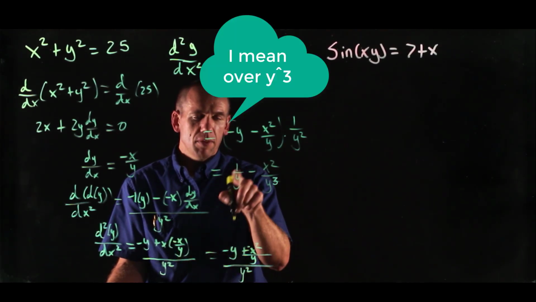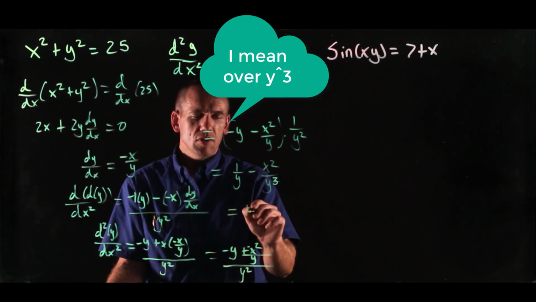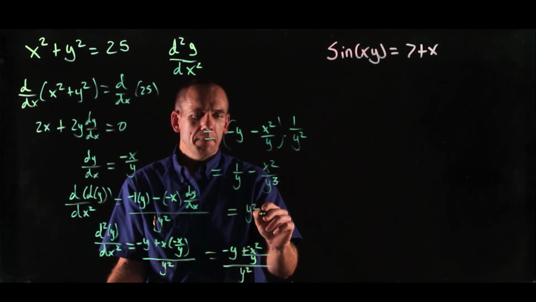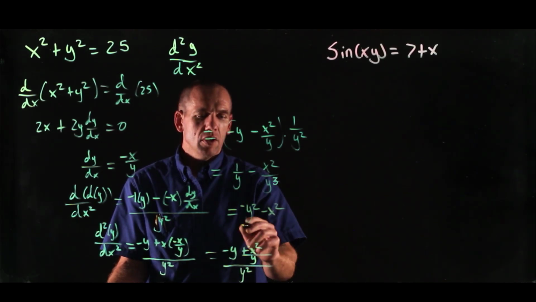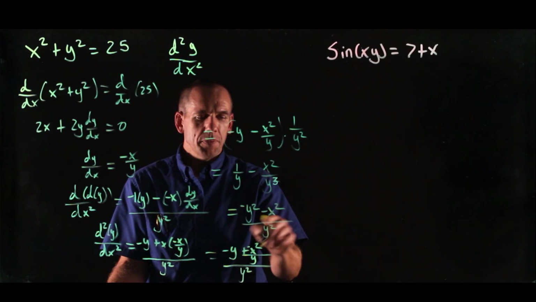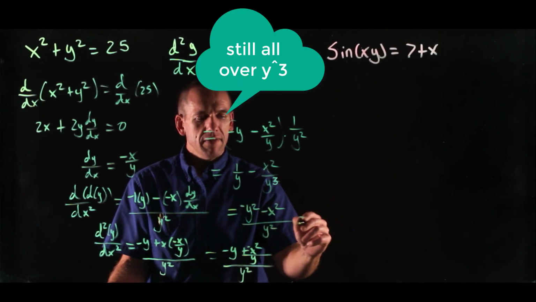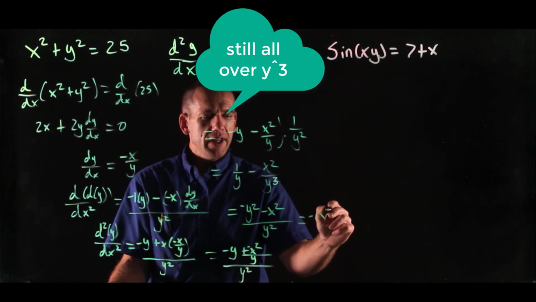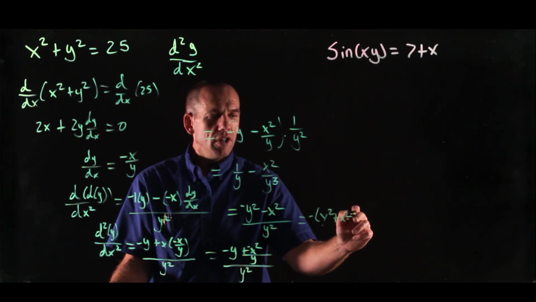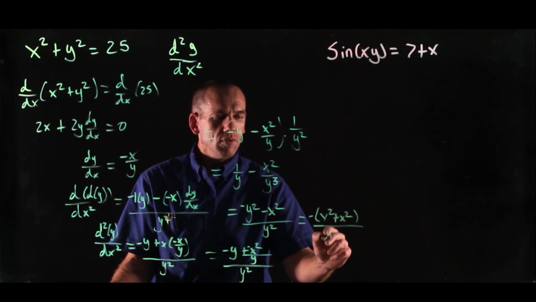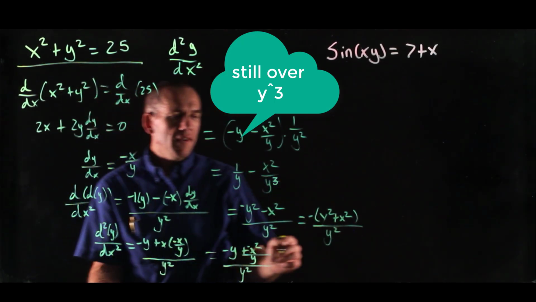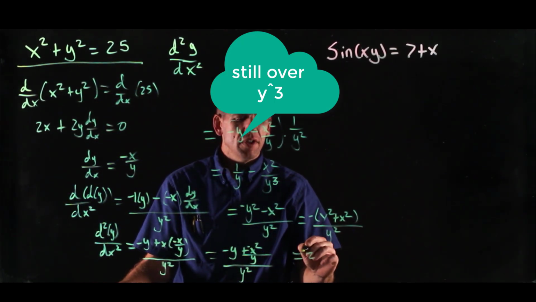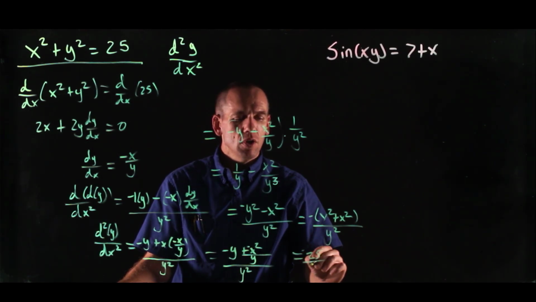If we make this a common denominator, then that gets us negative y squared minus x squared all over y squared. Well, we can pull out that negative, and we have negative y squared plus x squared all over y squared. Well, y squared plus x squared is 25, so this is equal to negative 25 over y squared.